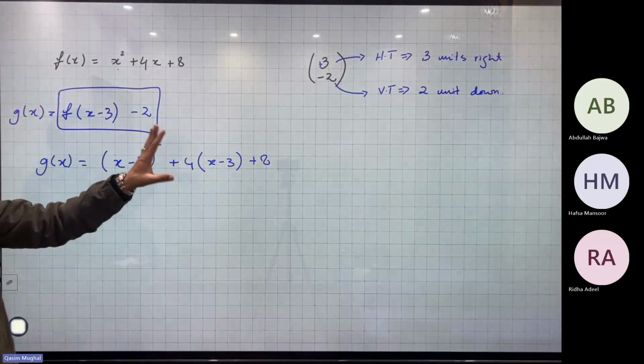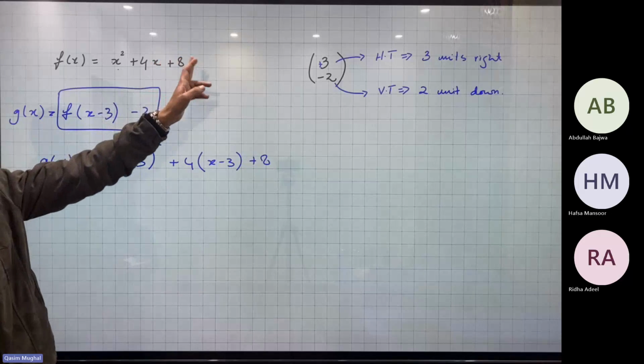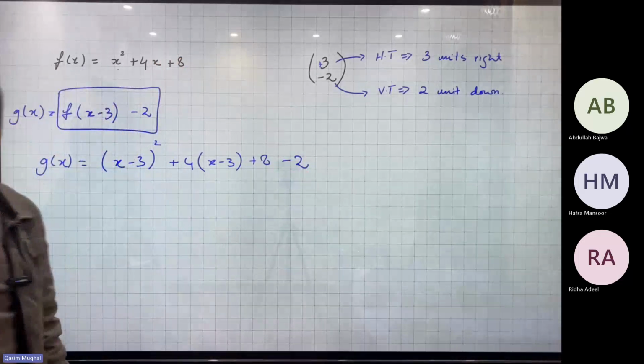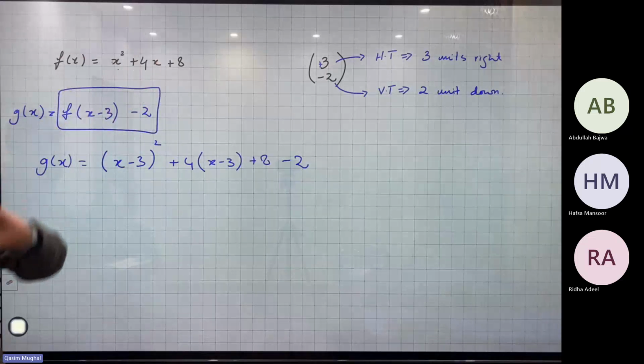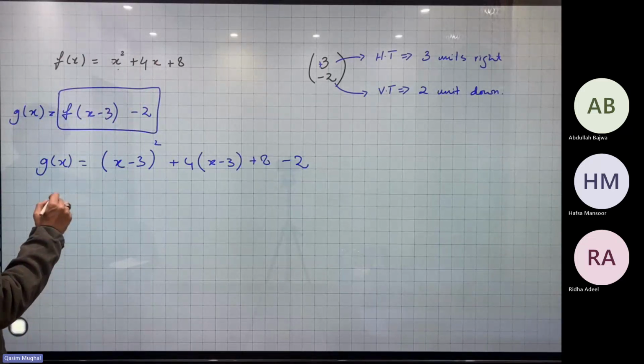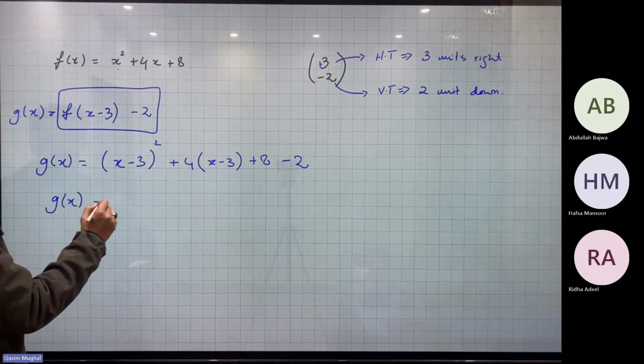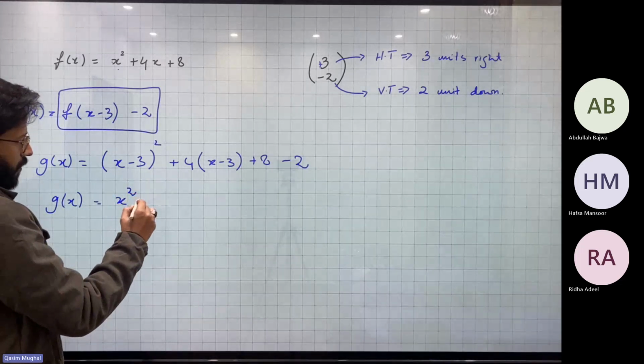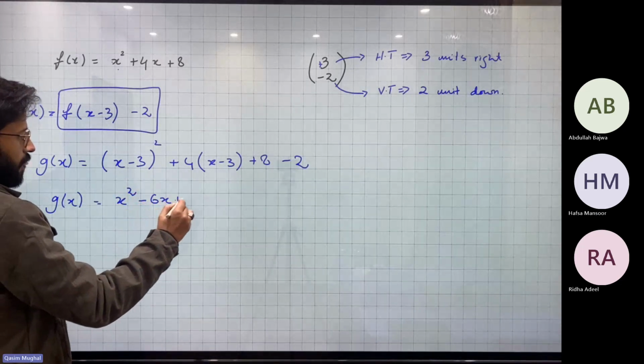Now this is the function. From the entire function, I was supposed to take away 2 as well, minus 2 from the entire function, outside the function. Okay, this is g of x. Now you need to simplify this. So this is going to leave us with x squared minus 6x plus 9.